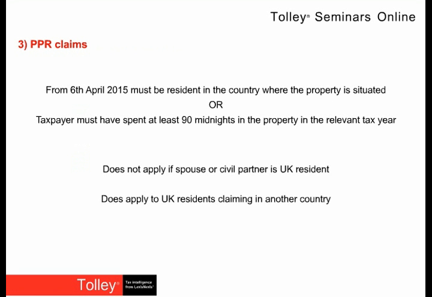Usefully, the FAQs do confirm that if you have now moved abroad but you were living in the UK in a property that you are now to sell, your PPR up to 2015 is undisturbed, and in fact the property only comes on charge in April 2015, assuming you've met the temporary non-residence rules.